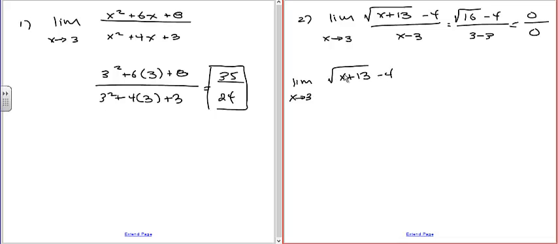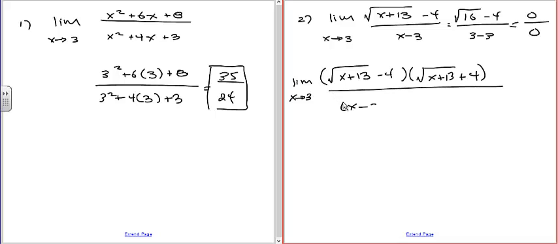And what we do is we multiply by the same expression, except we change the sign of the second part. We do that in both the numerator and the denominator. So in the numerator, what we get is the inside and the outside cancel out. That's why we make this plus and that minus.